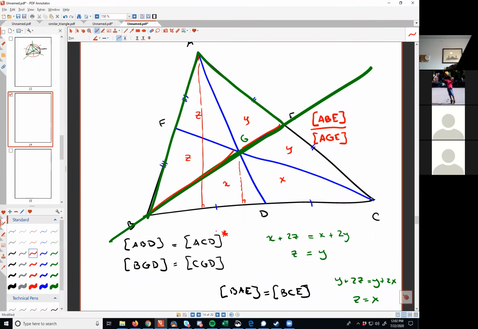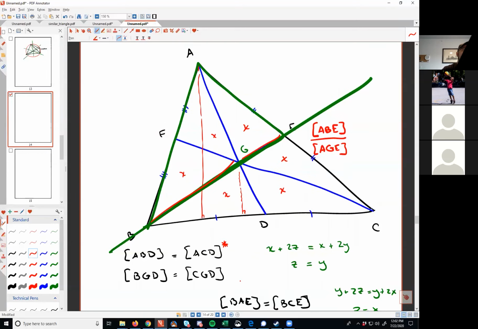Um, 2:1. Isn't it 1-to-1 since we just proved that they're all equal? We proved that the 6 little triangles all have equal areas. Yeah, and there are 2 of those on one side and 1 on the other. So it'd be 2:1.